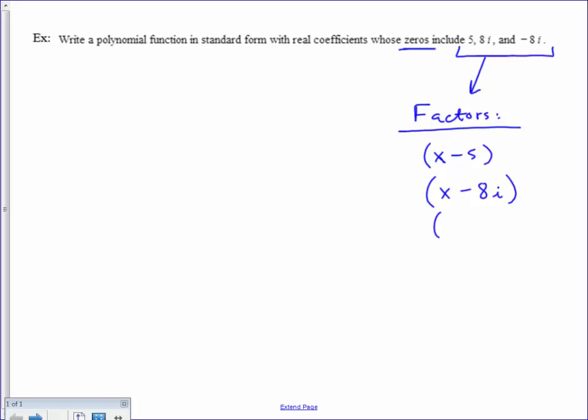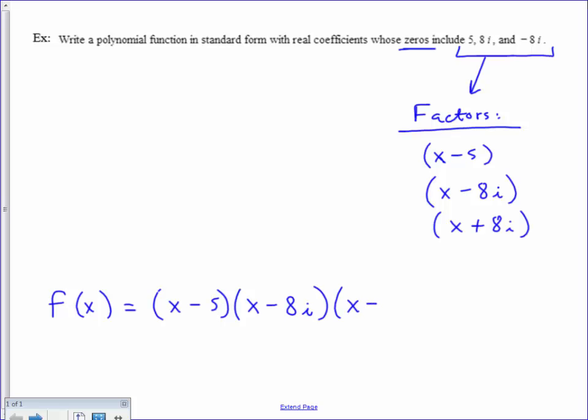And if I have a zero of negative 8i, I know x plus 8i is a factor. So to determine my polynomial, I would simply multiply those three factors together: x minus 5, x minus 8i, and then finally x plus 8i.